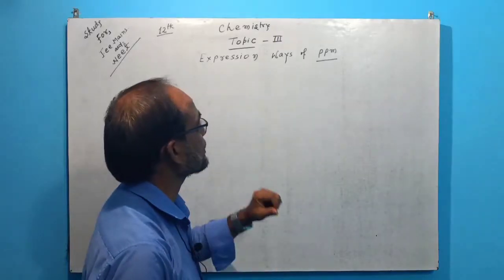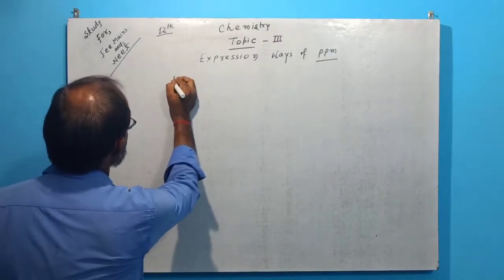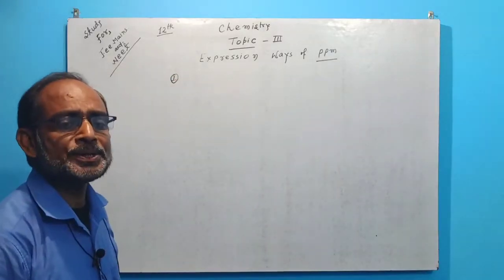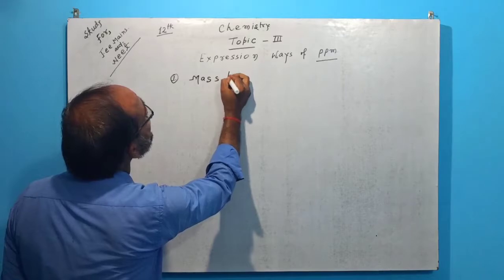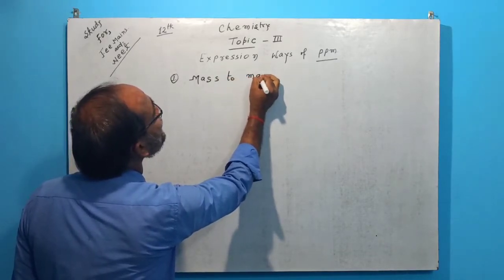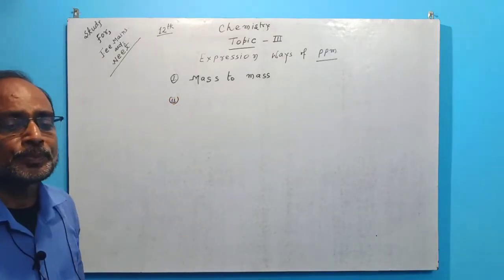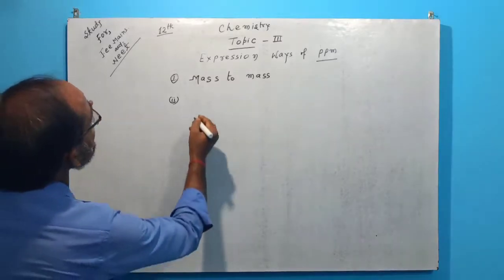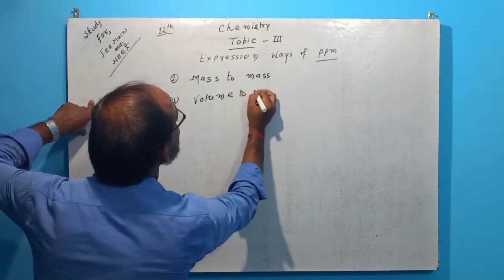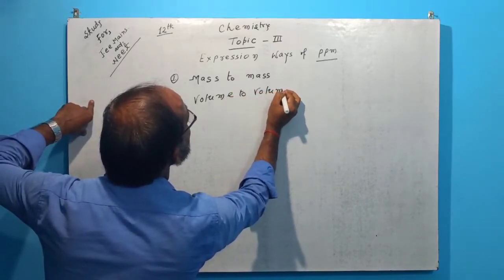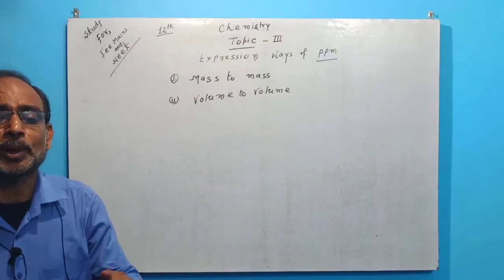There are three ways of expressing ppm: one, mass to mass; two, volume to volume; and the third point is mass to volume.